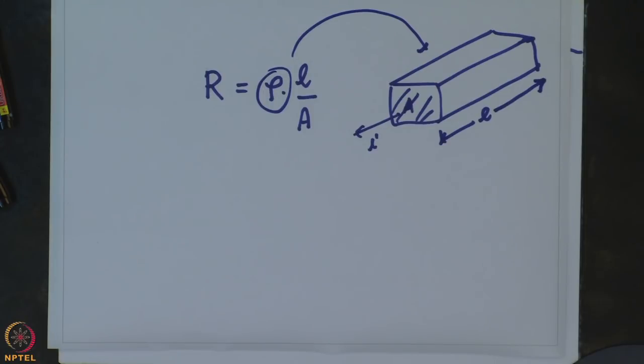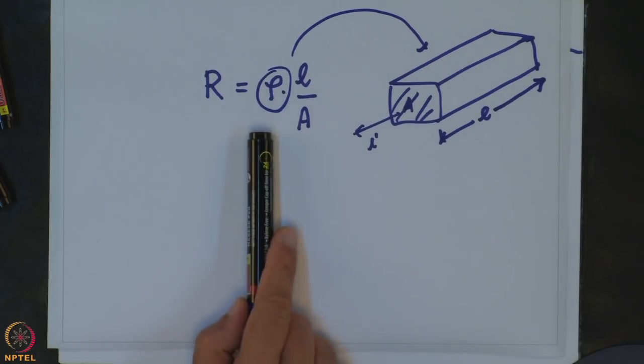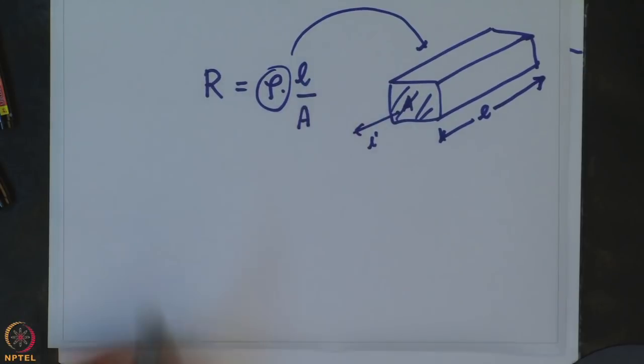So the resistance is given by the product of resistivity into the length divided by the area of cross section through which the current is passing.